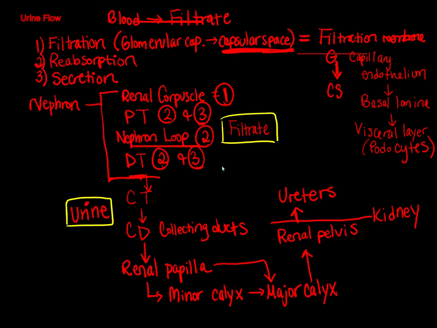So let's take a look at what parts of our functional unit are participating in each function. And to do that, we're going to need to start at the filtration membrane. So this would be a good time to pause the video and write these notes down if you need to take your notes.